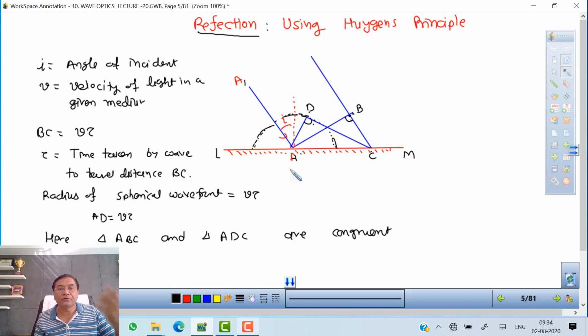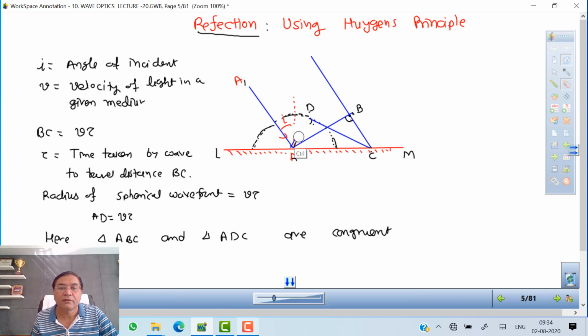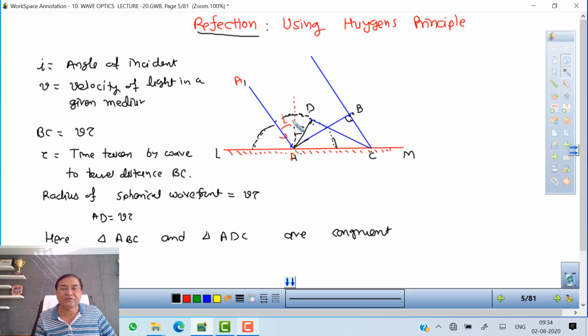And therefore, suppose this is I and this is R. Okay, it works. This is the normal, this is R. So if two triangles are the same, naturally how will I and R be? The same.